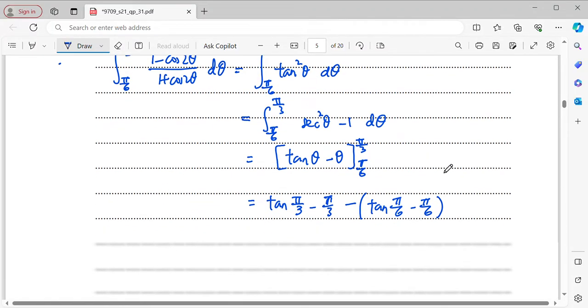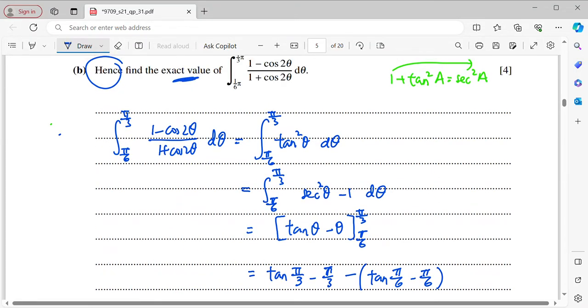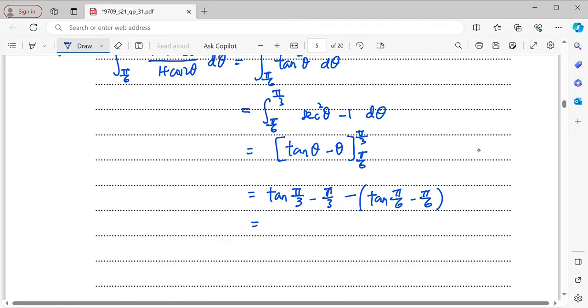Now, since the question asks for the exact value, tangent pi over 3 will be square root 3. Then just rewrite the pi over 3. Now tangent pi over 6 is square root 3 over 3. When we simplify the first and third terms, this is 1 times square root 3, and this is 1/3 of the square root 3.